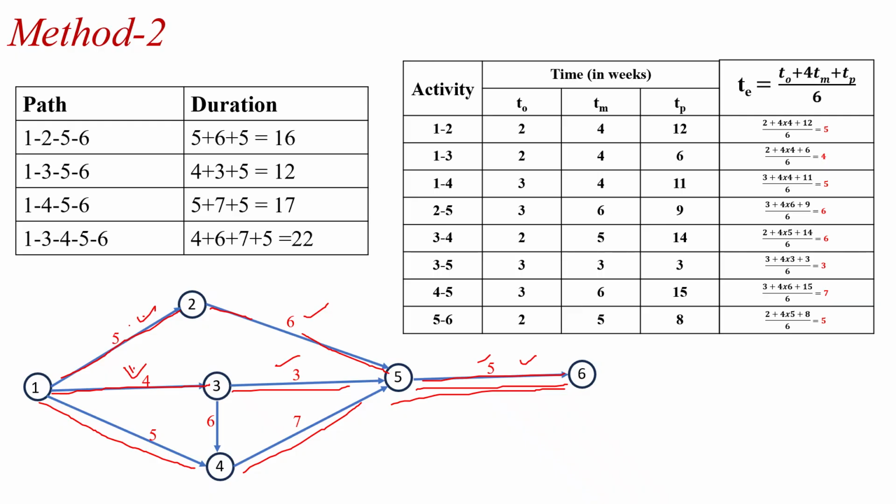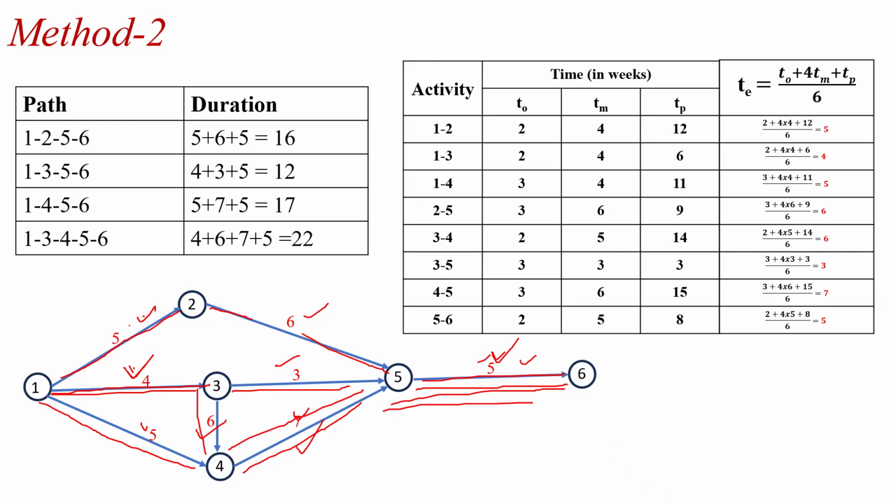So in this path, duration is the 5 plus 7 plus 5, which is equal to the 17. And one more possibility of the path is there, that is 1 to 3, 3 to 4, 4 to 5 and the 5 to 6. In this path, duration is the 4 plus 6 plus 7 plus 5, which is equal to the 22.